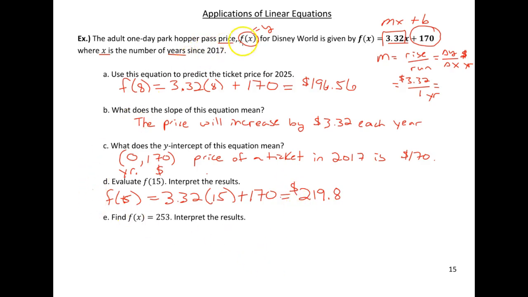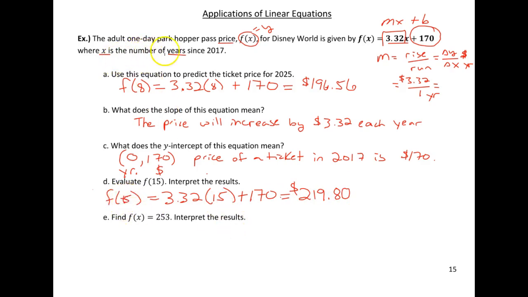Again, the output f of x is the price. So we want to interpret the results of this. Because I know f of x is the price, this answer represents the price, which for money we write as dollars and cents, so I'm just going to tack on the 0 there. The price is $219.80, and the question is when? Our input was 15.